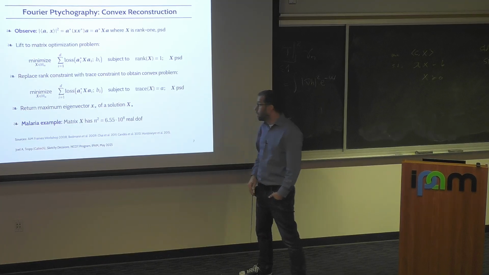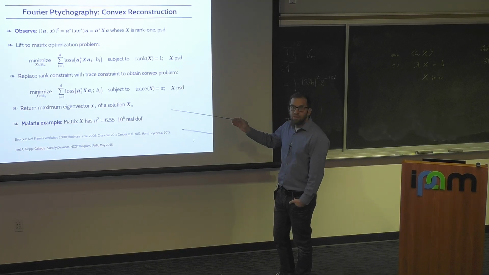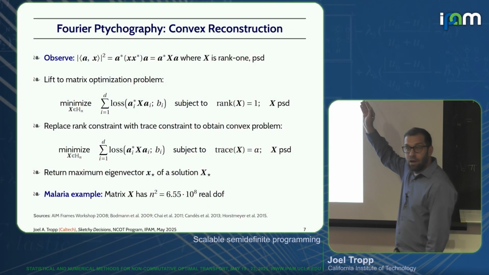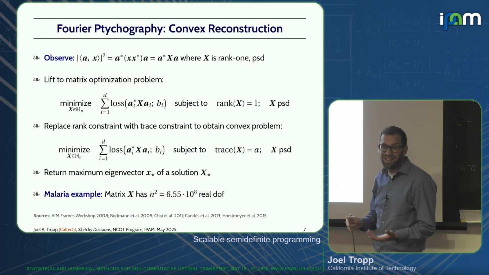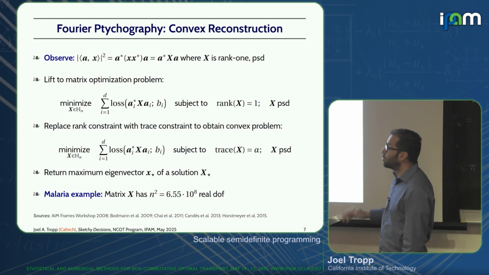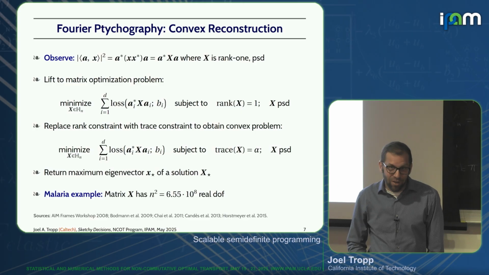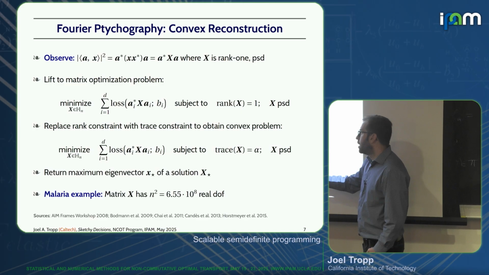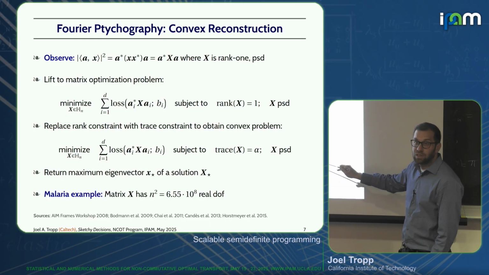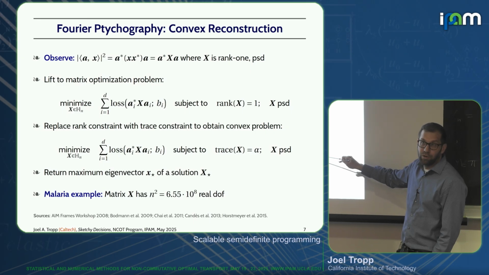I'll show you an example in a minute. But there's a problem. We've taken an optimization problem which was nonlinear and difficult, but didn't have so many variables, and we've replaced it with a convex optimization problem where the number of variables has been squared. And so for the malaria example, the matrix in this optimization problem has 655 million degrees of freedom.